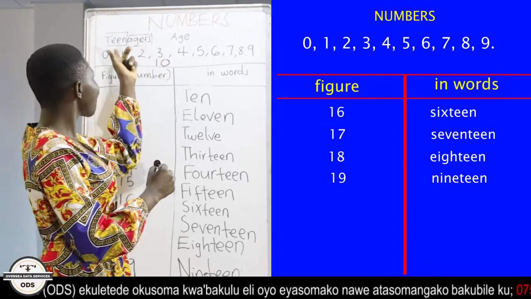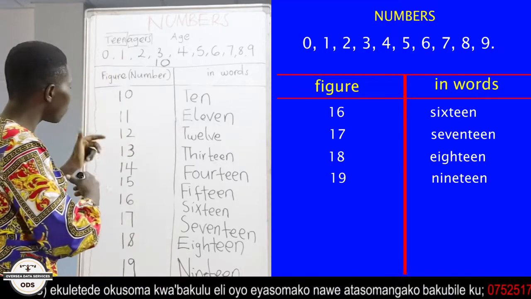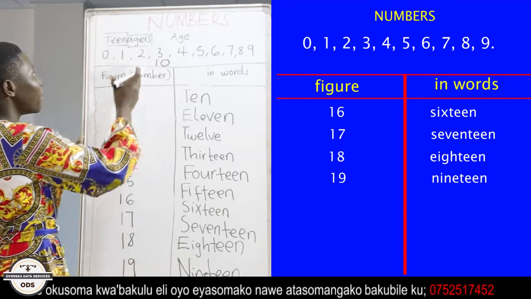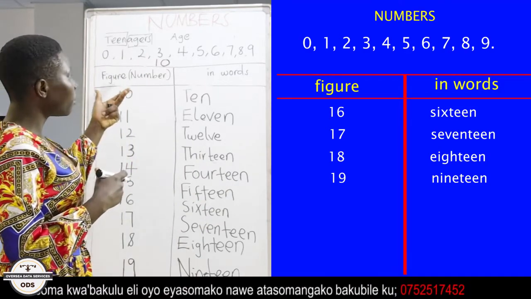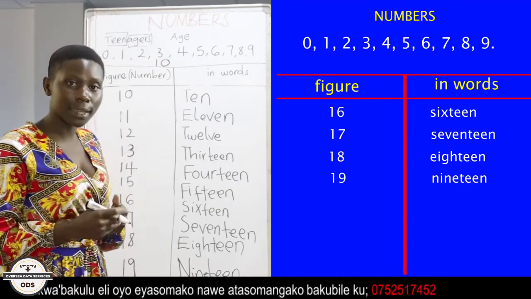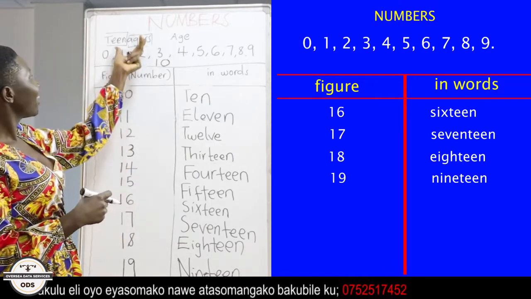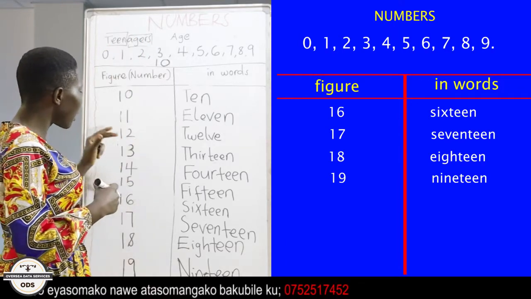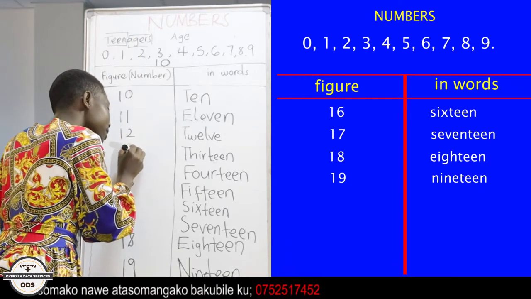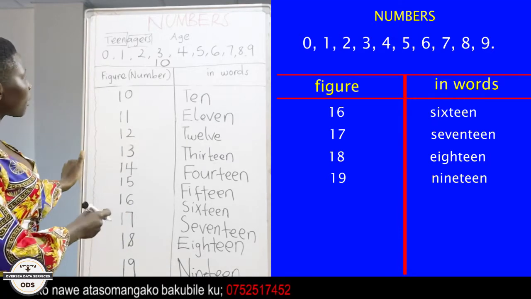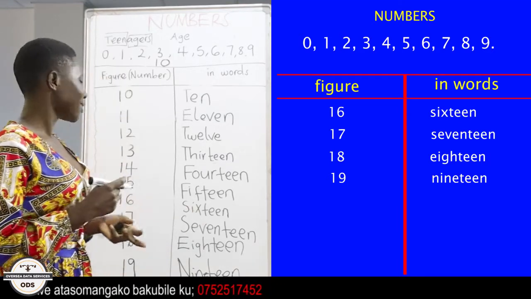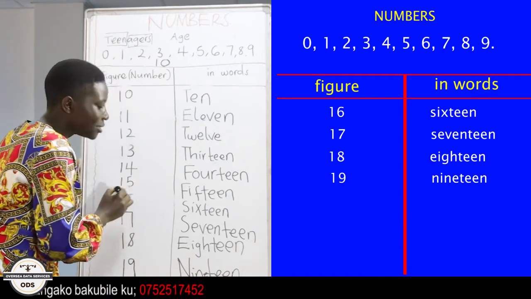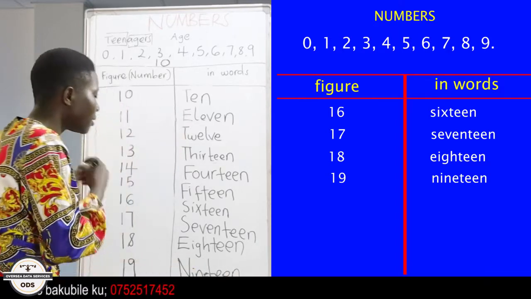So they formed the two words to come up with the word teenager, as you've seen it here. A child who has 13 up to 19 years, we call them teenagers.